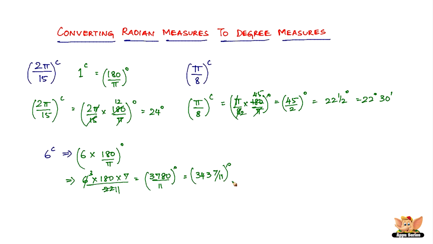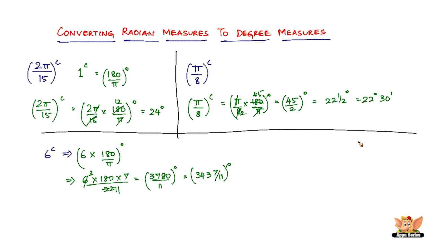So 7 by 11 into 60 equals 420 by 11. So we can write this as 343 degrees and 420 divided by 11 minutes.